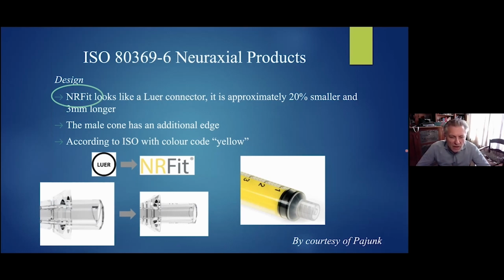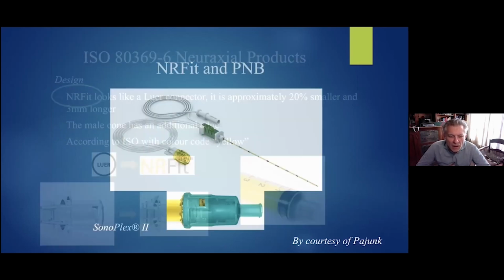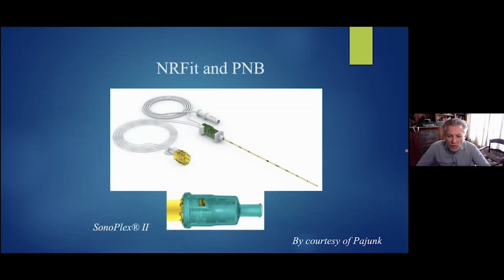The male cone has an additional edge, and according to ISO, it is a yellow color. For peripheral nerve blocks, the same, the yellow color of the connection, in this case the nerve guard, the pressure limiting device, with the same color.